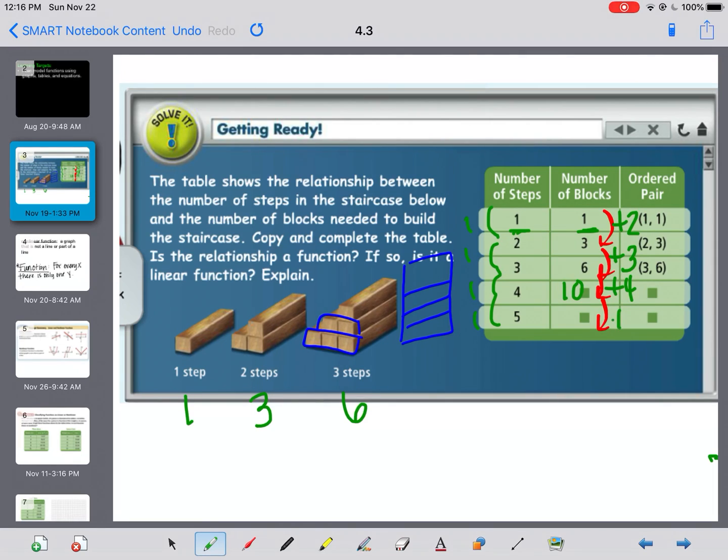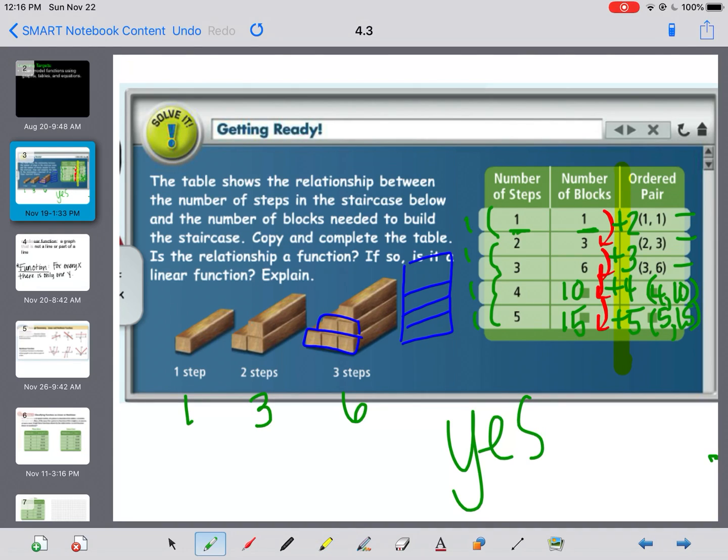Now if we added a 4th step, we'd be adding on 4 blocks, which means that this would be a 10. And if we have a 5th step, we'd be adding 5 more blocks, so this would be up to 15. So our ordered pairs would be (1, 1), (2, 3), (3, 6), (4, 10), and (5, 15).